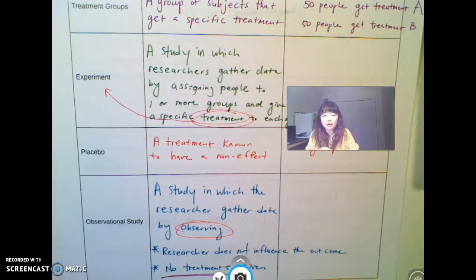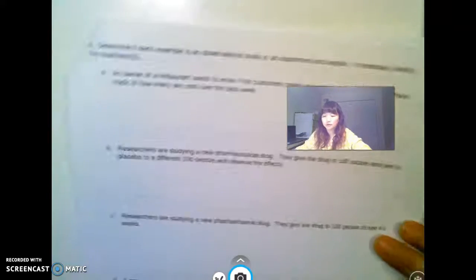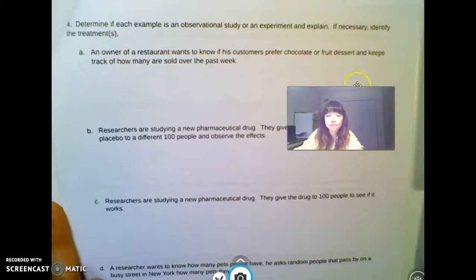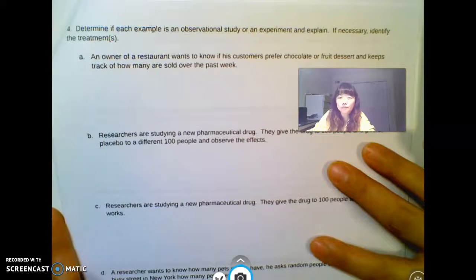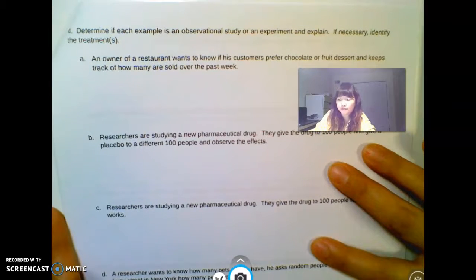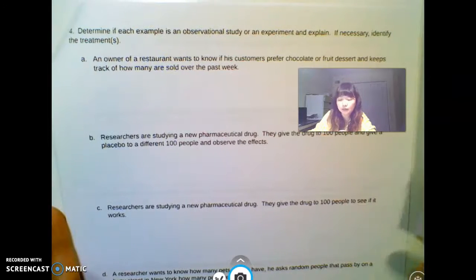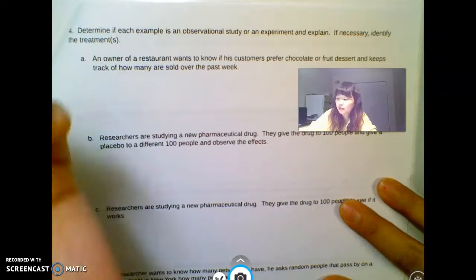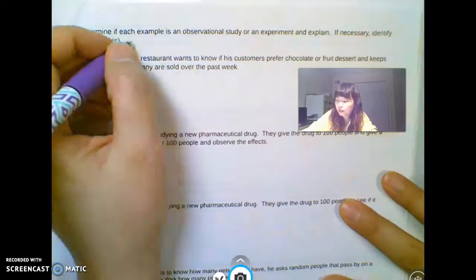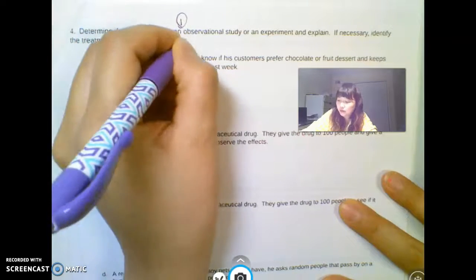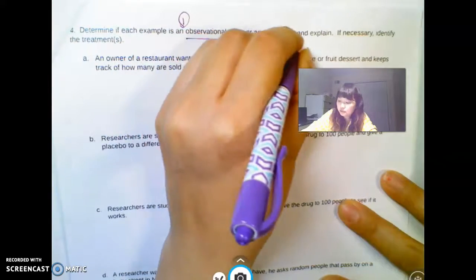So the last part of this LT9, you have to distinguish between an experiment and an observational study. Let's look at some examples. This goes back to our second part, where there was unbiased and biased. First, you have to determine if each example is an observational study or an experimental study.